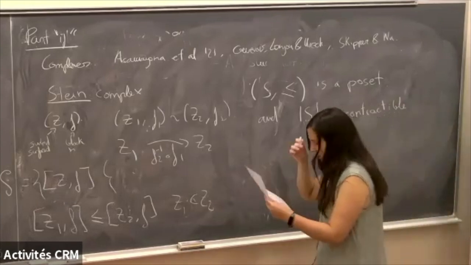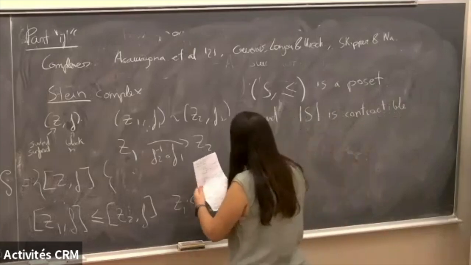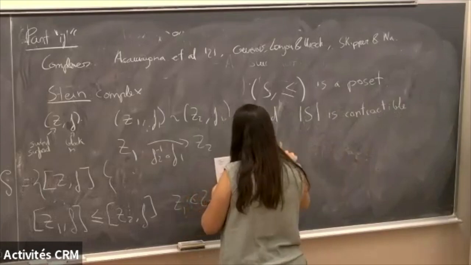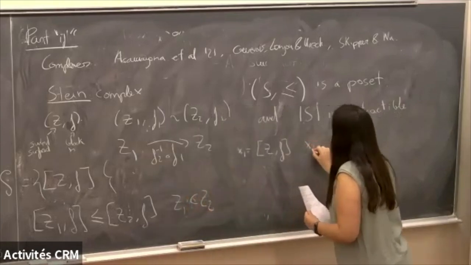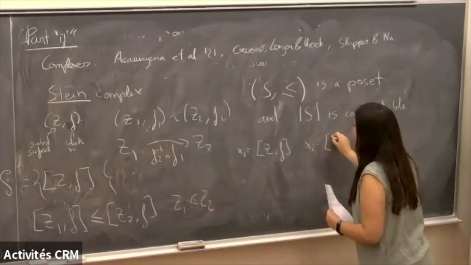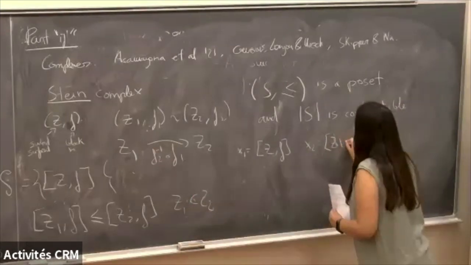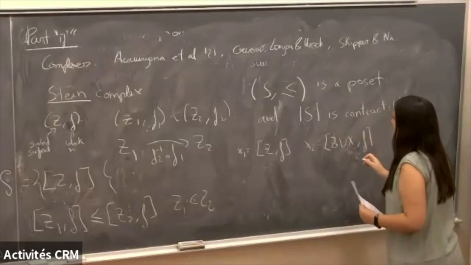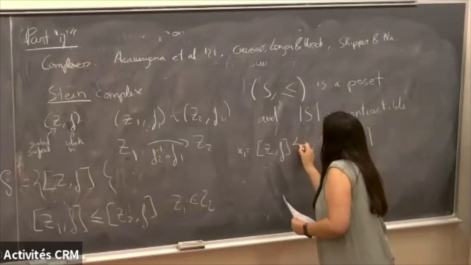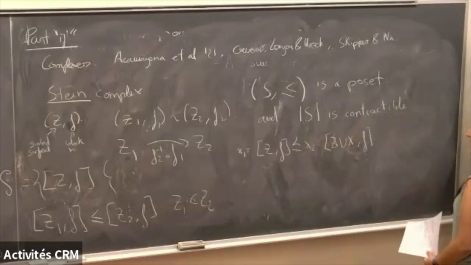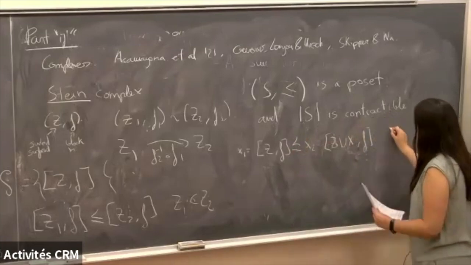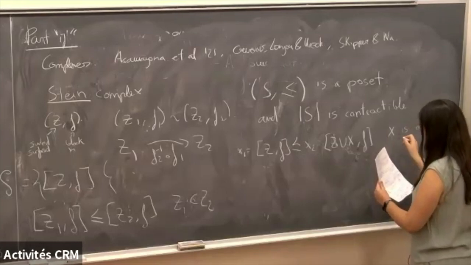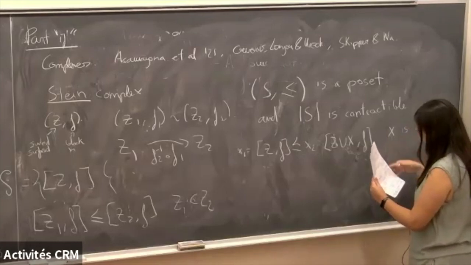So we're going to say that if you have a vertex x1 that is (Z, F), and another vertex that is Z union something, this is smaller than that if X is a disjoint union of blocks.